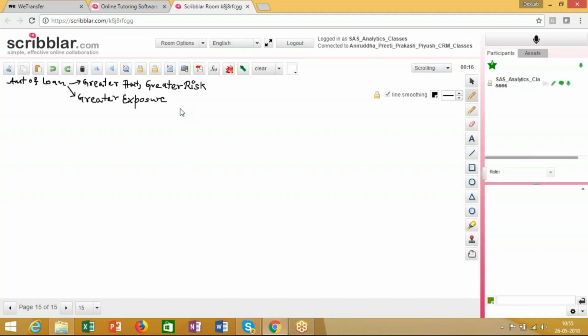The greater the amount of loan, the greater the chances of the borrower falling short, and the lower the amount of the loan, the lower is the exposure for the bank. Now this loan is kind of a discounted cash flow.